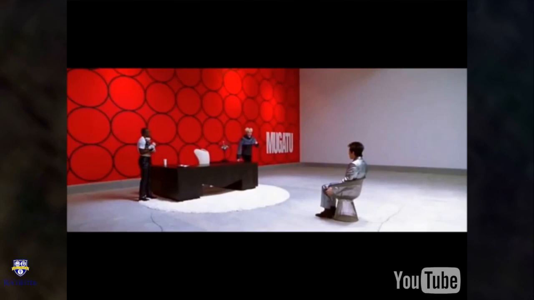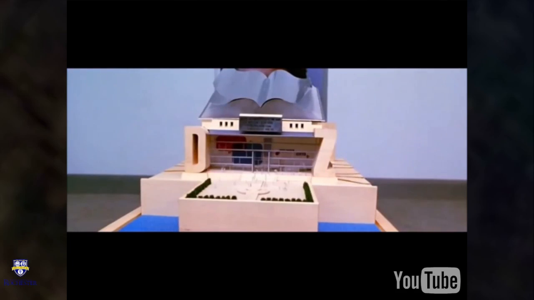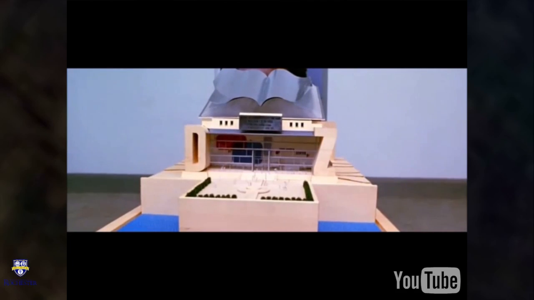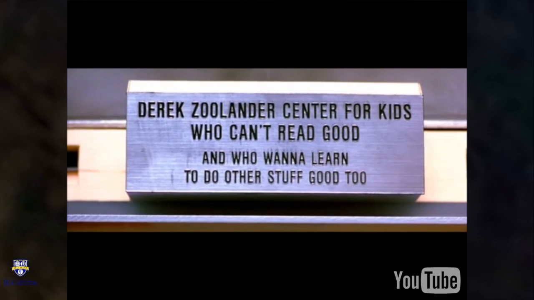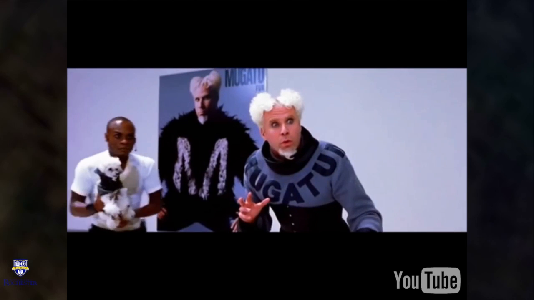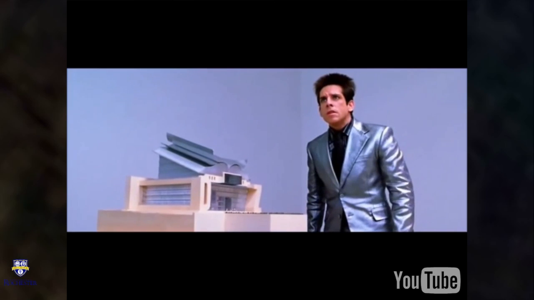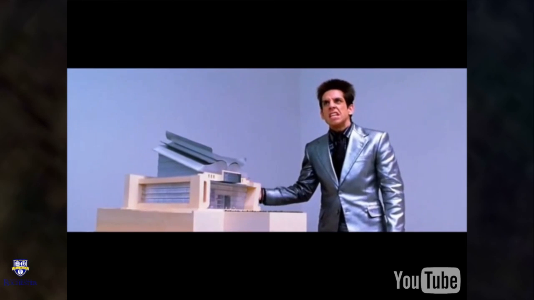What Maury said I was willing to do for you. Let's get back to the reason that we're really here. Without much further ado, I give you the Derek Zoolander Center for Kids Who Can't Read Good. What is this?